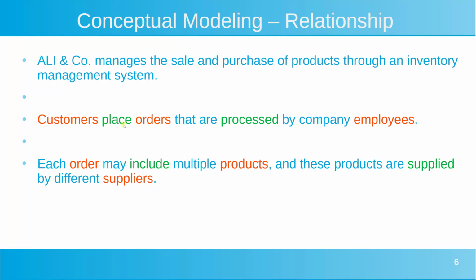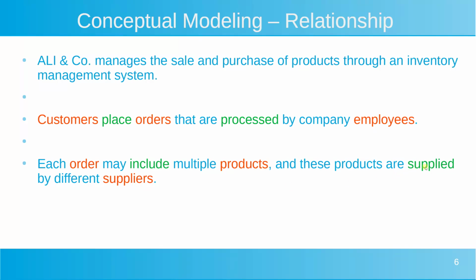Customer places order, so place is the relationship between these two. Order is processed by employee, so process is the relationship between order and employee. Order may include products, so inclusion of items is the relationship. Products are supplied by suppliers, so supply is the relationship.